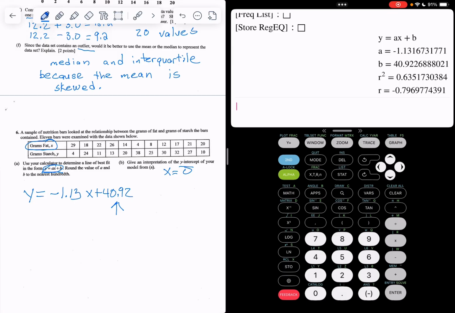So we could say when the fat is 0 grams, the nutrition bars will have 40.92 grams of starch.